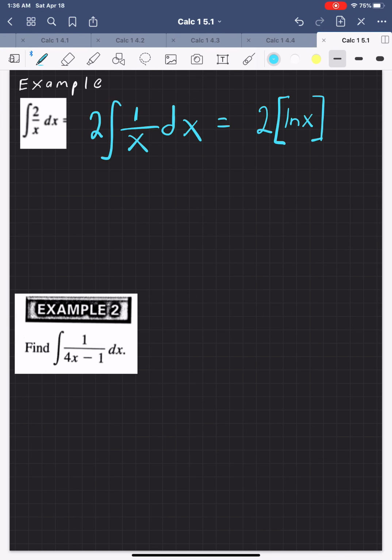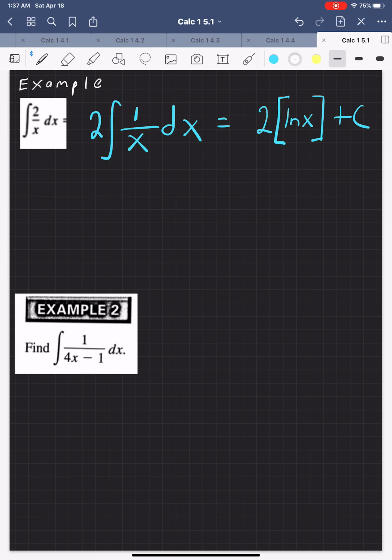And then what am I missing right here? We are now integrating, so we have to have plus c. That is absolutely the integral. That is correct.